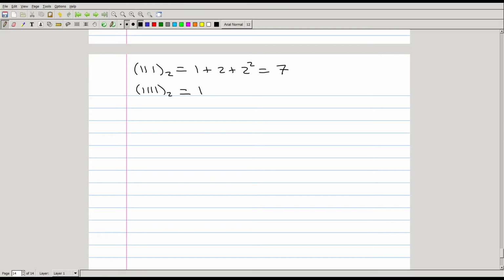This is 1 plus 2 plus 2 squared plus 2 cubed, which is going to be equal to 15 in decimal, or F in hexadecimal, or 17 in octal.